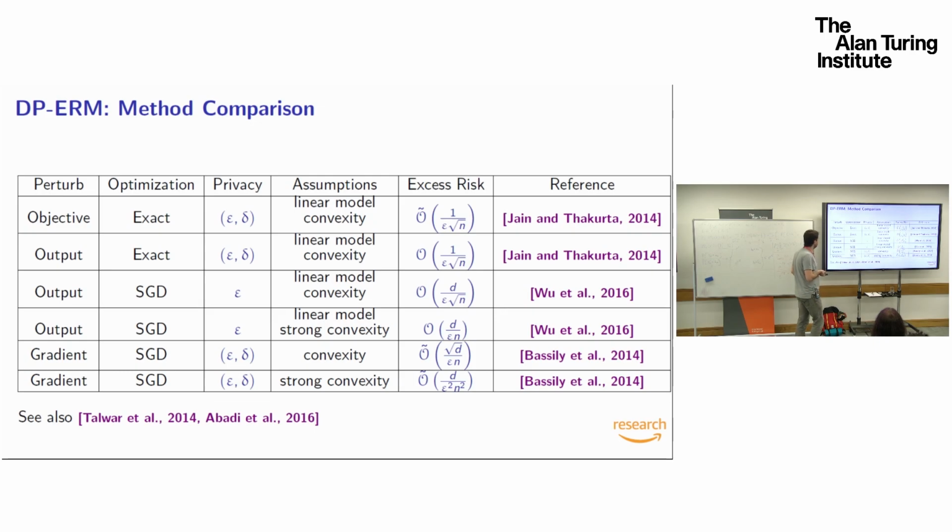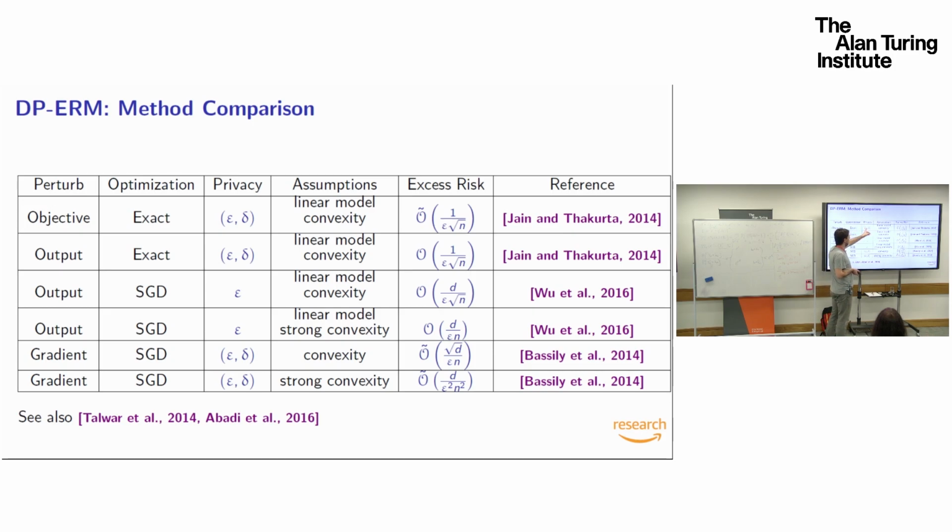So I'm listing here what type of perturbation we're using: objective, output, or gradient. What the results assume: sometimes the results assume that you solve the optimization exactly, but sometimes they apply to an actual optimization algorithm.